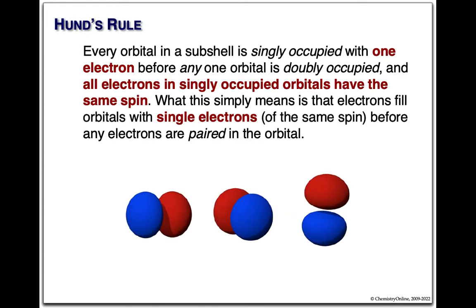If we were looking at p orbitals here, Hund's rule tells us the first thing we do is put in 1 electron at a time until all the orbitals have 1. Then we start to pair them up with the opposite spin. So up, up, up. A 4th one goes in, down, and then down and down.